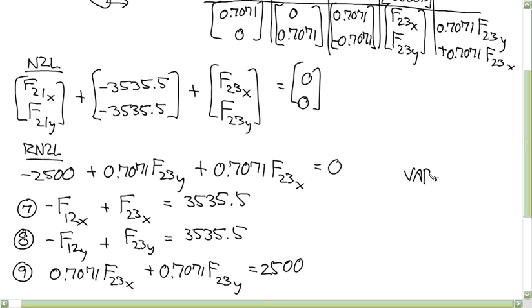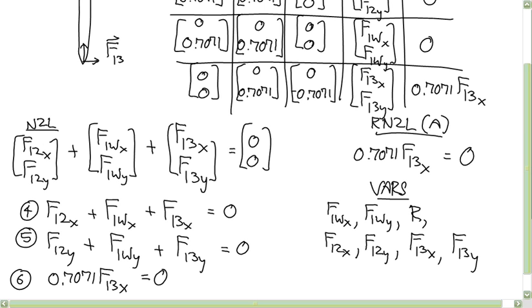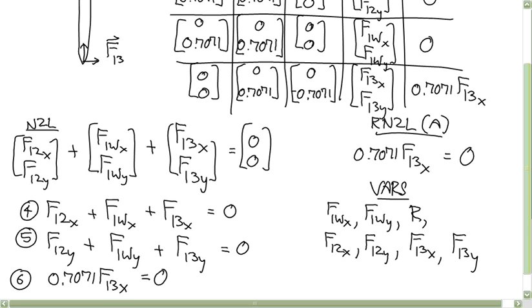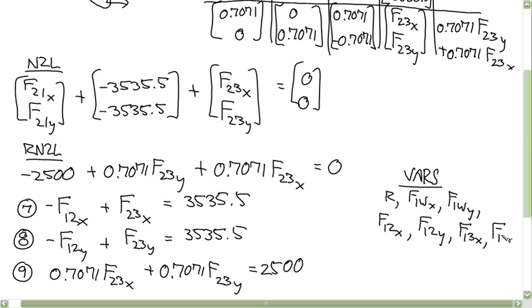And our list of variables, we have r, F1w, F12, F13, and then we also have F23.